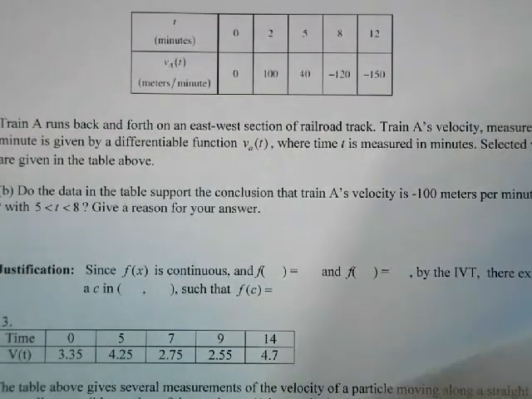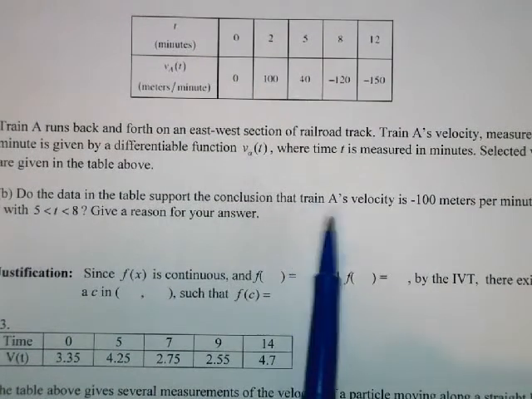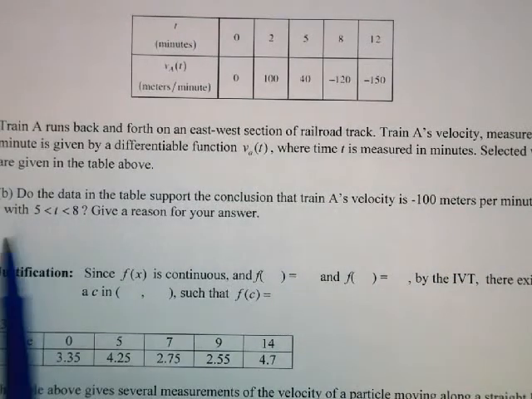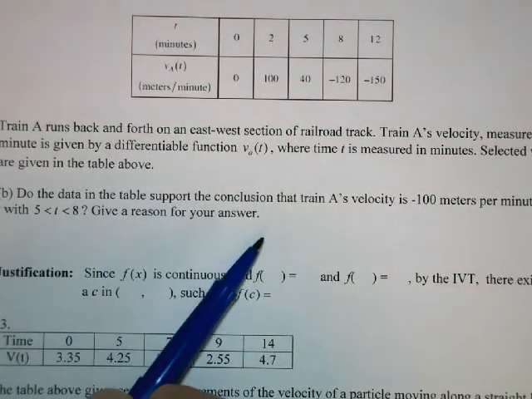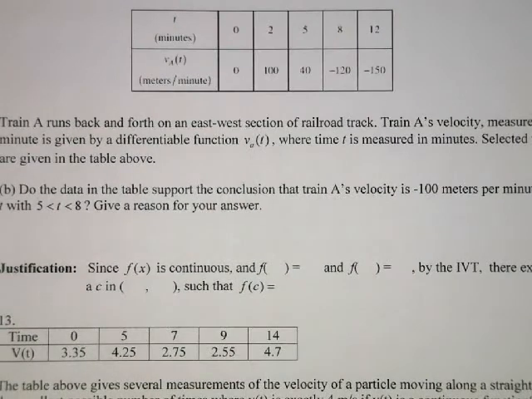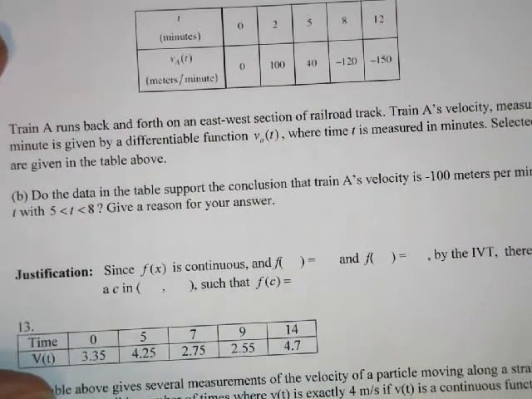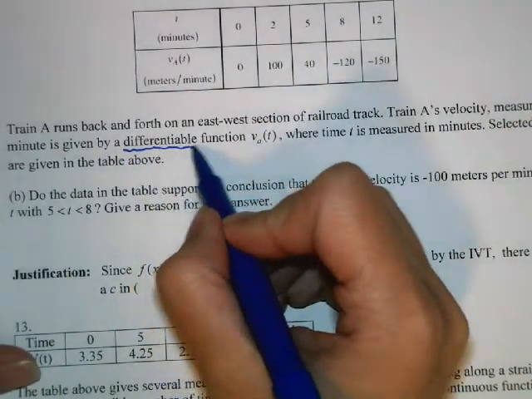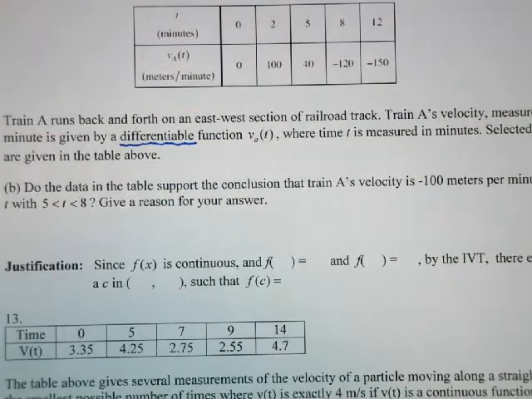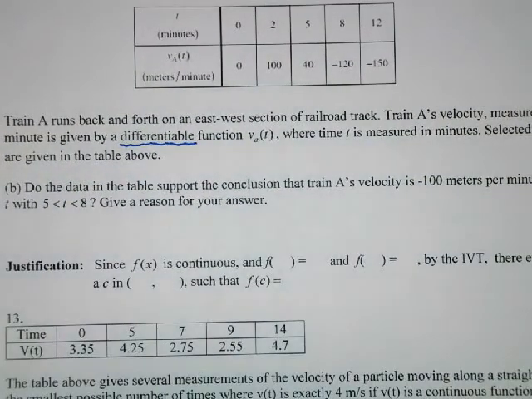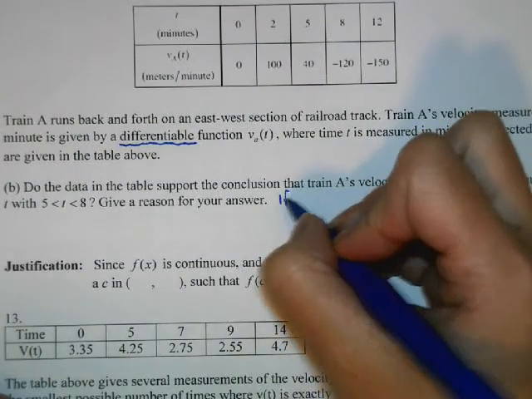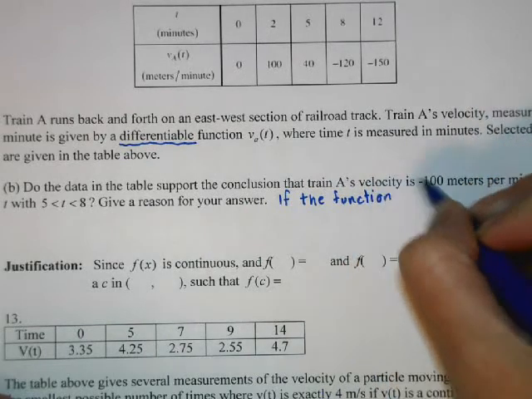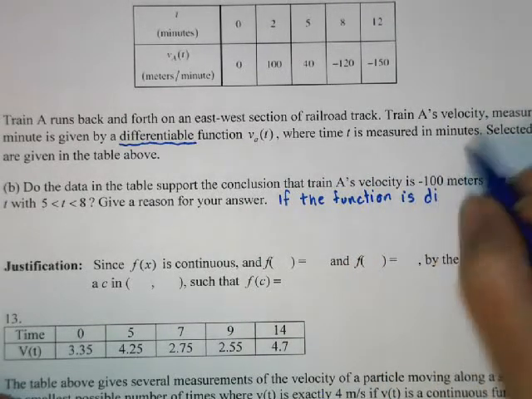It says, do the data in the table support the conclusion that train A's velocity is -100 meters per minute at some time between 5 and 8? Give a reason for your answer. So that's that justification. For the intermediate value theorem to apply, it has to be continuous. This word in here you will learn much more about next week. But if the function is differentiable, that means it's continuous.